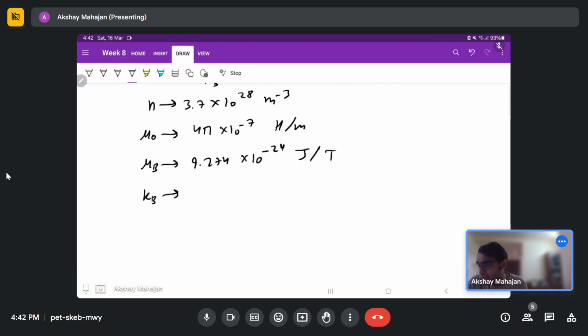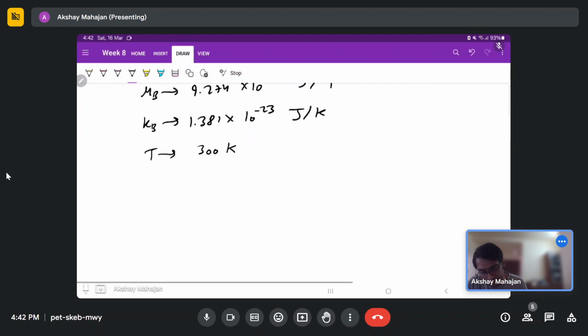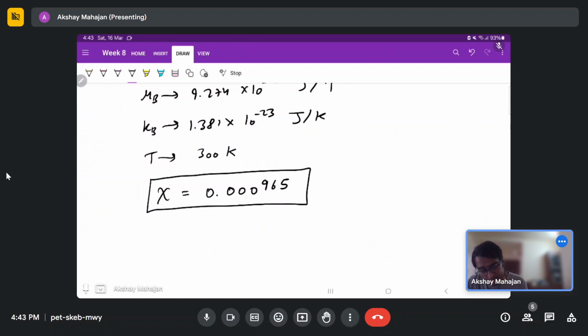Kb is 1.381 into 10 to the power minus 23 joule per Kelvin, and temperature is given as 300 Kelvin. If you put all these values in, you will have your susceptibility as 0.000965.